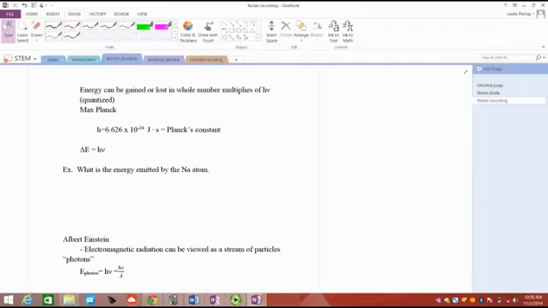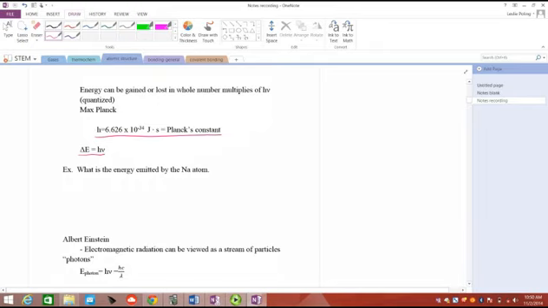Now, energy can be gained or lost in whole number multiples of h nu, where h is Planck's constant, because it is Max Planck who came up with this idea that energy is quantized. So there is our equation.